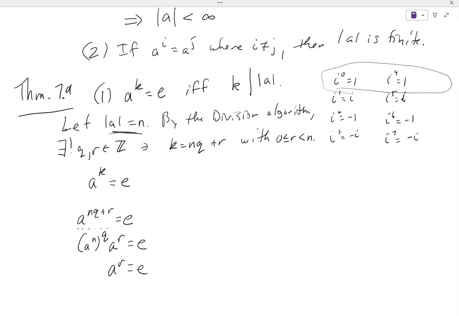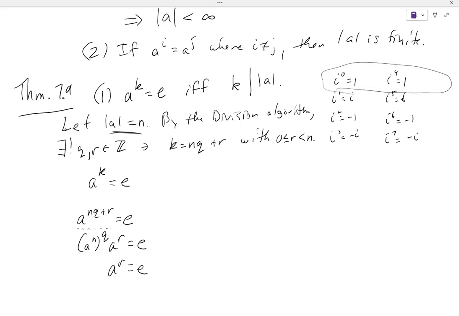All right. So that was a good point though. The order of a is n. That means n is the smallest positive integer such that a to that power is e. What is the relationship between r and n? r must be less than n.